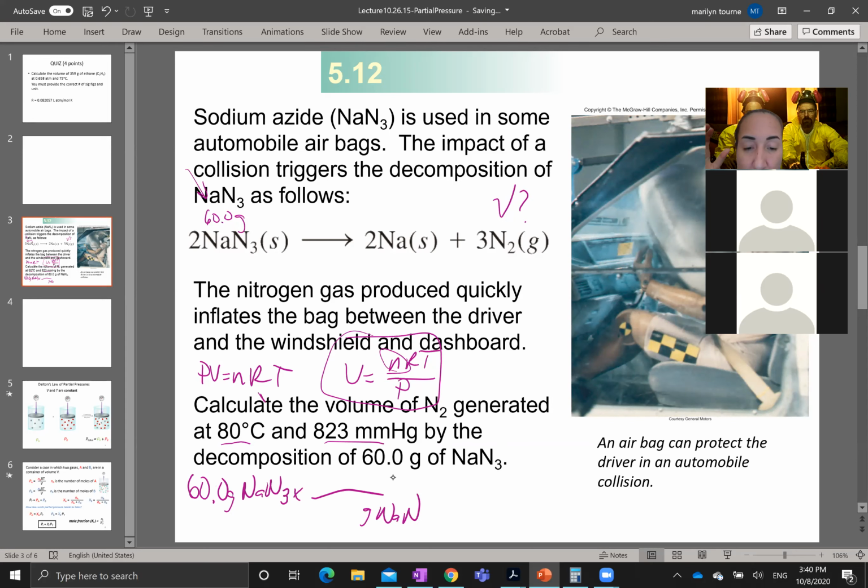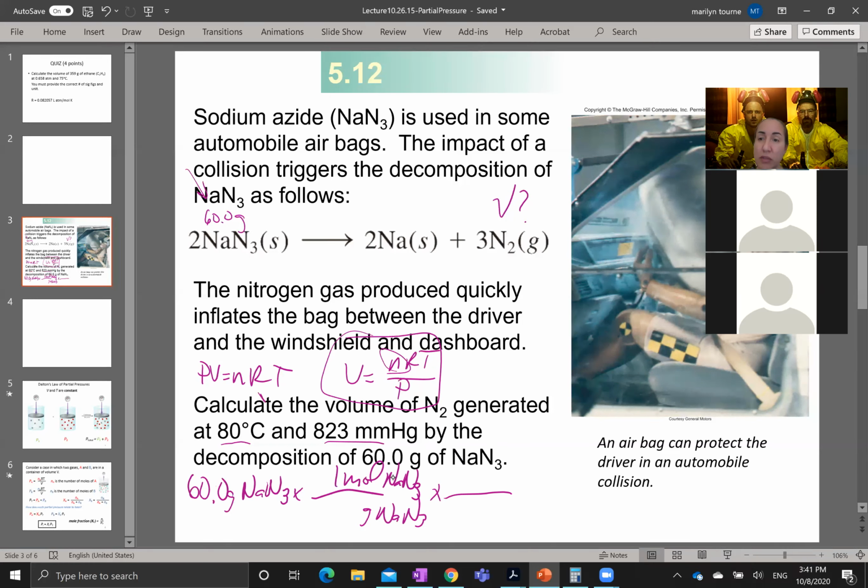Yes. Okay, but then what do you do from here? Once you get these moles, do you plug this answer into here? No, you keep going until you get moles of N2. Okay, that's what I'm asking. So the first step is usually that. But if that's what you were going to do just backwards, that's fine.